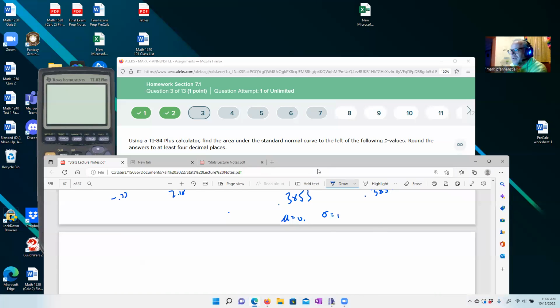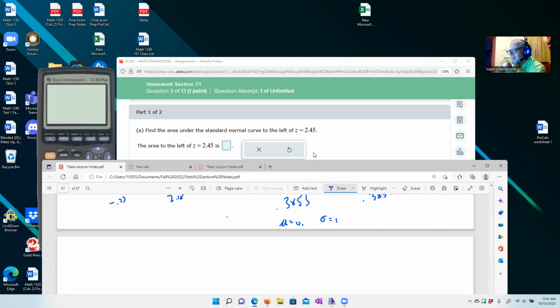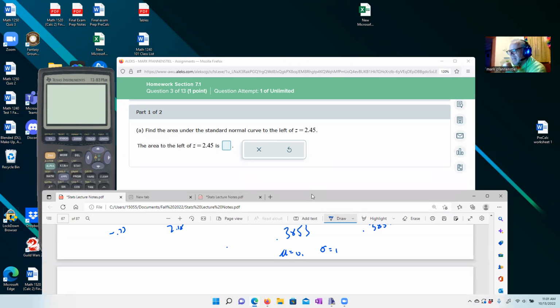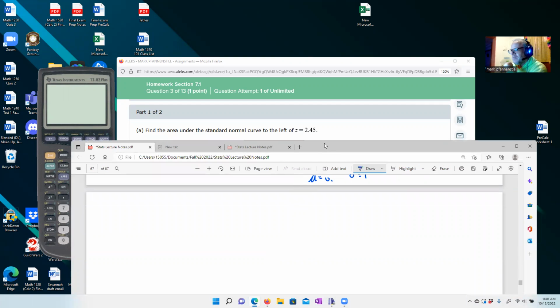Great. So here again, just like the last section, the problem is going to be the English rather than the calculator. This used to be a little bit more difficult than it is now because we had tables that we had to look up, and now we don't have to do that. But TI-84 is going to be a little easier than TI-83. What we're going to do is take our little normal distribution here.